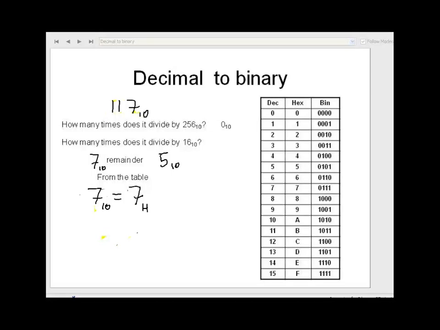And looking up the 5, 5 in decimal is equivalent to 5 in hexadecimal. So the hexadecimal equivalent of 117 is 75 hexadecimal.